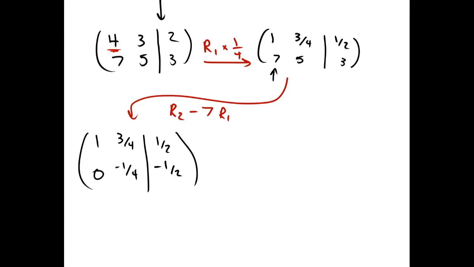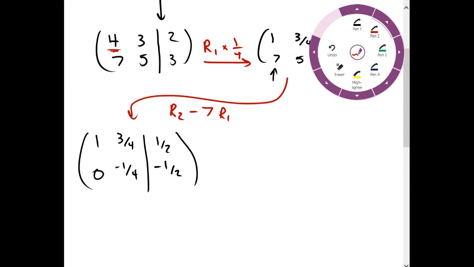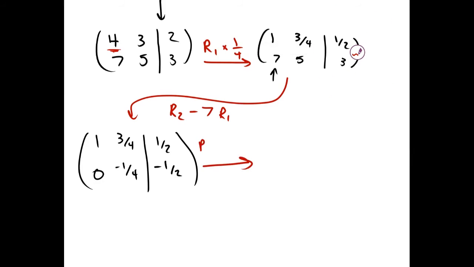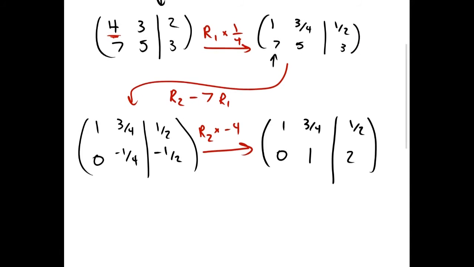Okay, so now we want to turn this into a 1. So we're going to do that by multiplying the bottom row, R2, by negative 4. And this will give us top row unchanged, but our bottom row is now 0, 1, and 2.